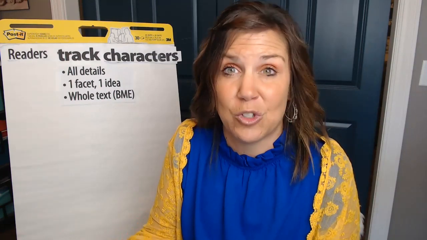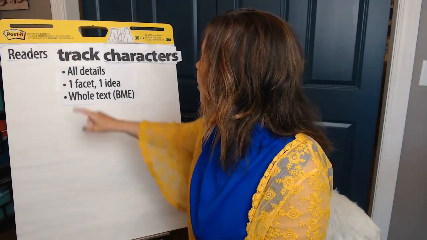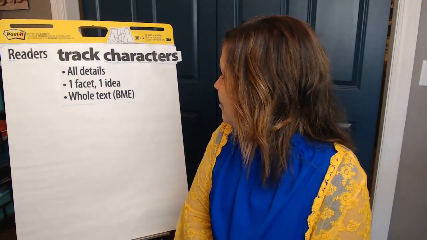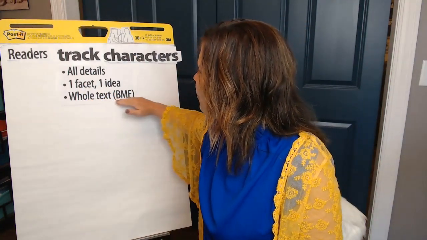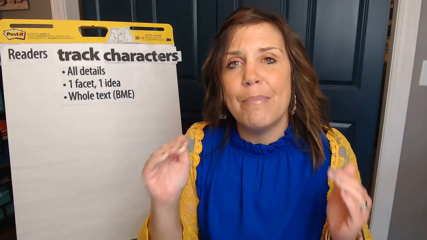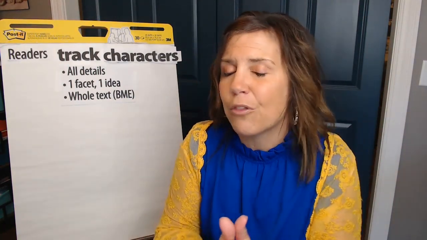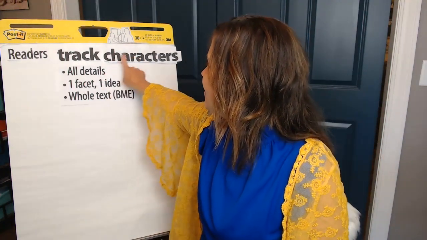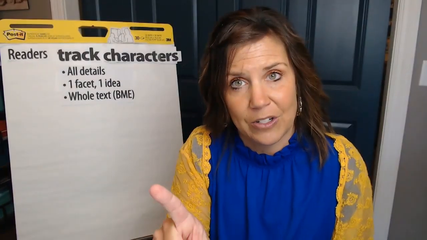So we're going to look at a story or fiction, okay? And we're going to look at one facet, one idea, and that one idea is characters. And we're going to use the whole text, the beginning, the middle, and the end. We're going to track through the whole text to look for details about one character.